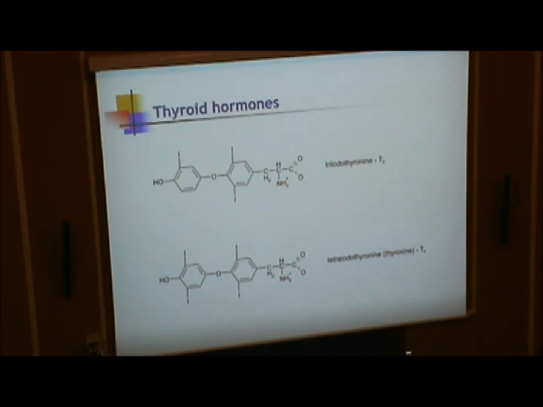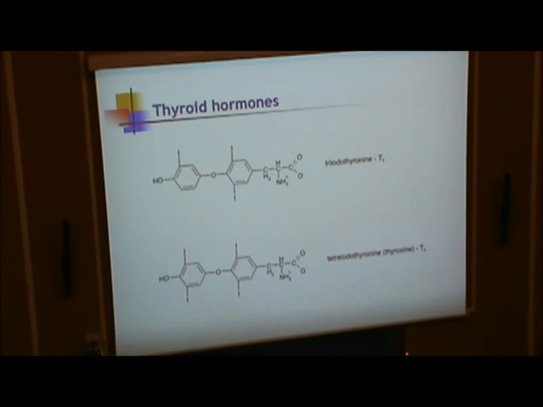So triiodothyronine contains 3 iodine atoms, whereas tetraiodothyronine contains 4 iodine atoms. The hormones of the thyroid gland are the only biological substances which contain iodine.